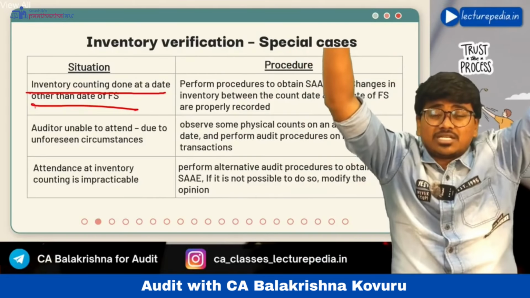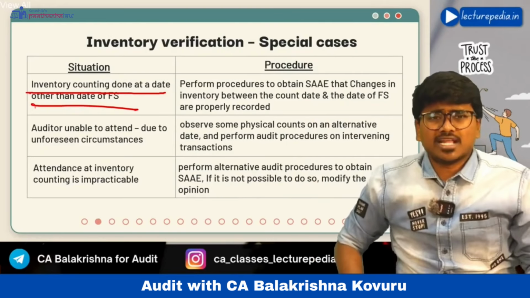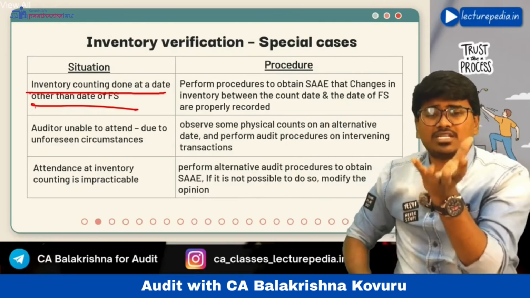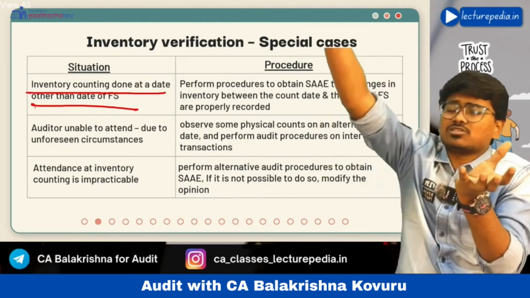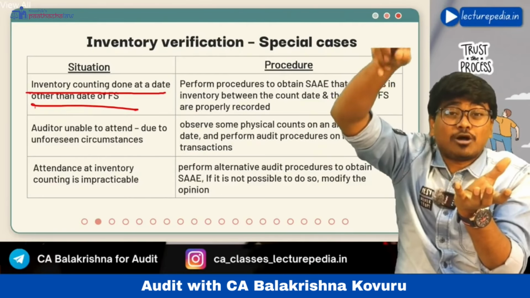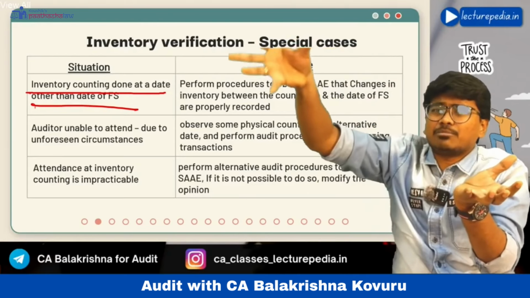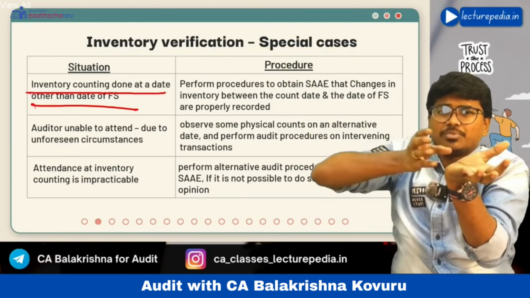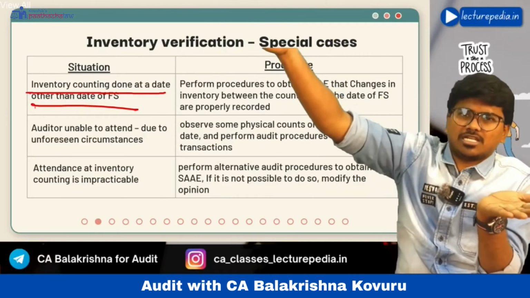In such a situation, what does the auditor have to do? The auditor has to obtain audit evidence with respect to inventory as on the date of financial statements, but the count is done on some other date. So the auditor has to perform audit procedures on the changes that have taken place in the inventory in the period between the date of financial statements and the inventory counting date.